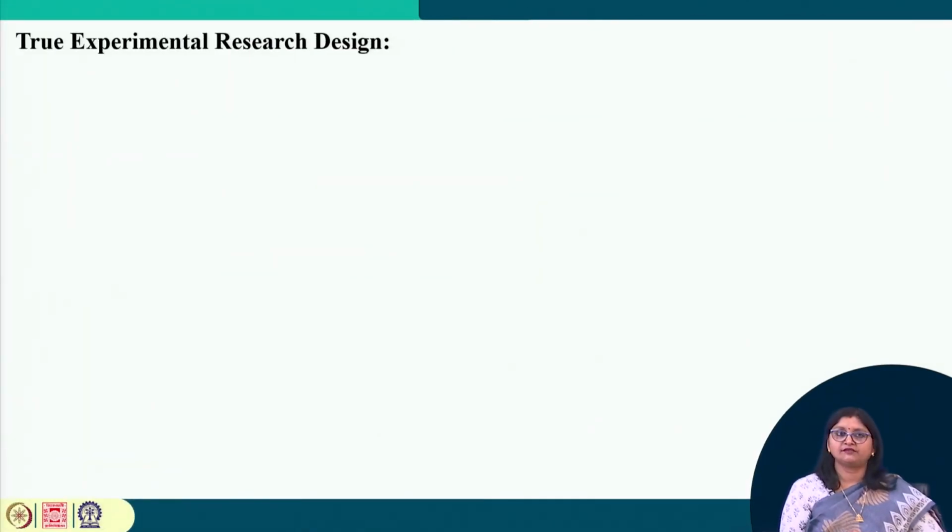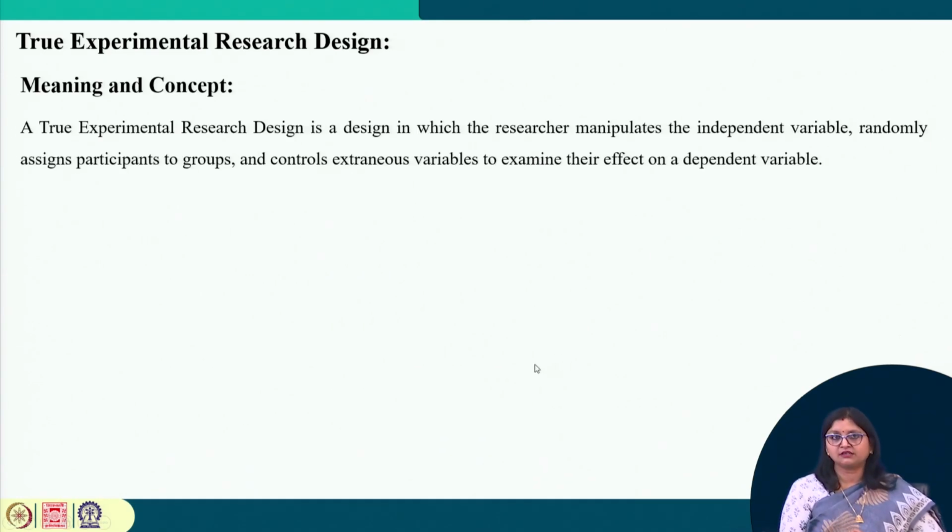So, let us start with the true experimental research design. What is its meaning and concept? The true experimental research design is a design in which the researcher manipulates the independent variable, randomly assigns the participants to groups and controls extraneous variables to examine their effect on a dependent variable.